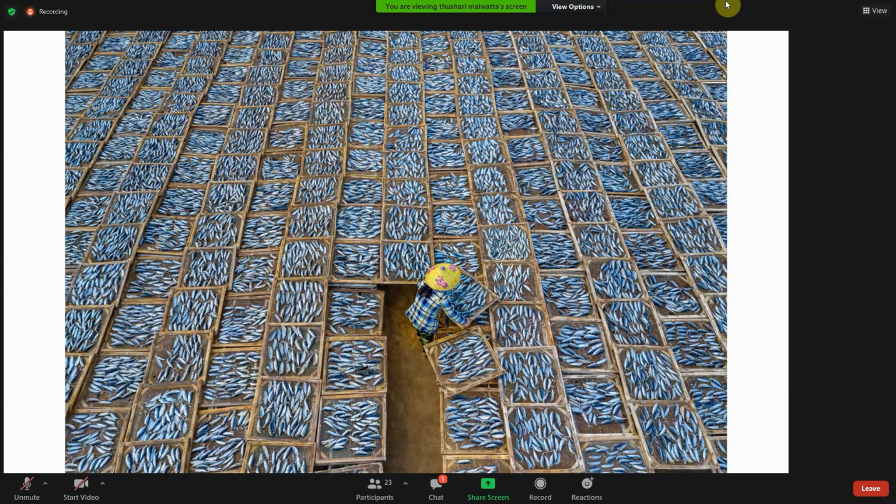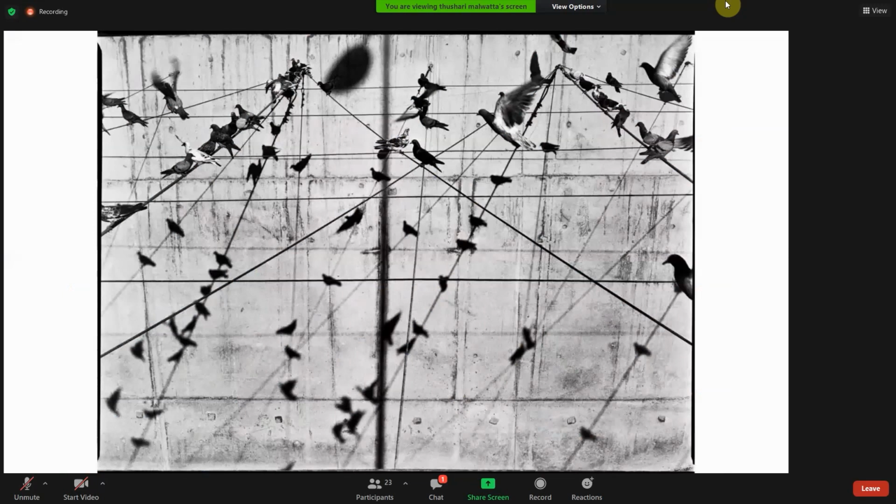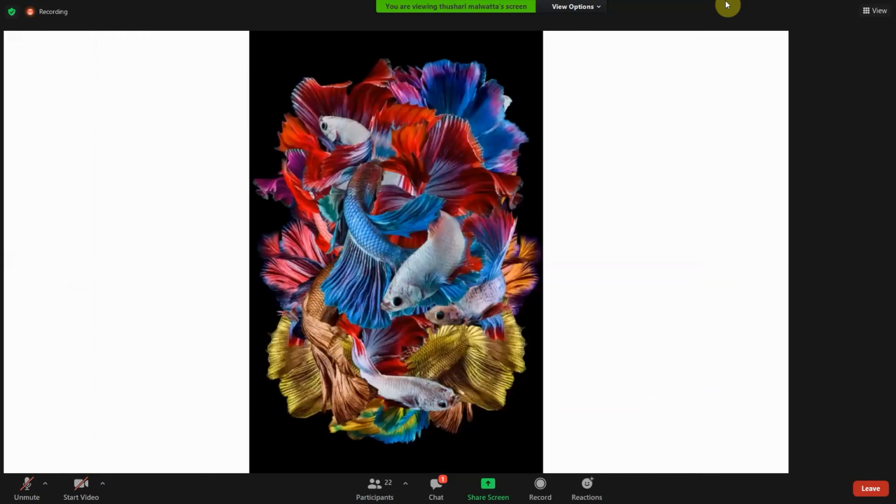It becomes the attention point of the image. A very nice picture. Look at this pattern. Now you can see how those design elements are placed here. Colors, textures.